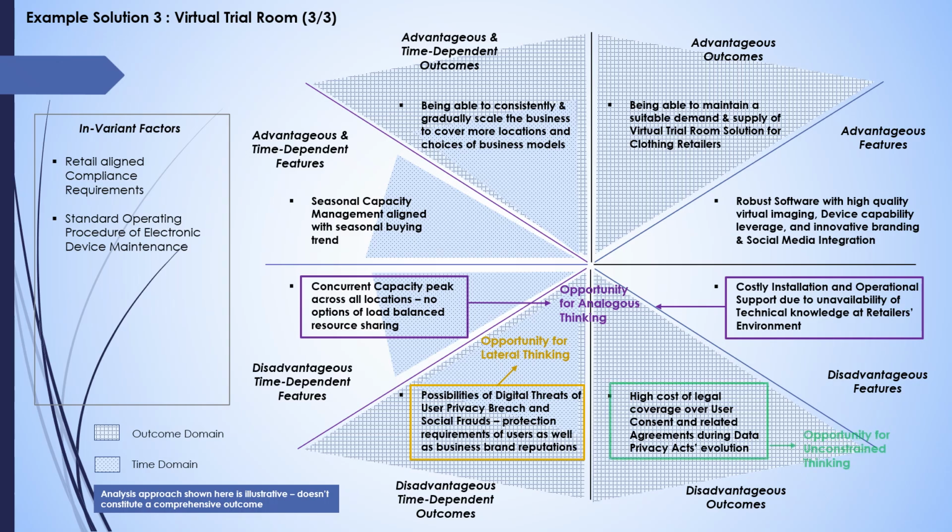And finally, the growing cost of legal coverage around user consent and data privacy compliance. As regulations continue to evolve globally, we've already pointed to the direction here, and it's rooted in unconstrained thinking. Instead of treating compliance as an external obligation to be managed through legal spend, redesign the solution so that privacy protection is an intrinsic product feature.